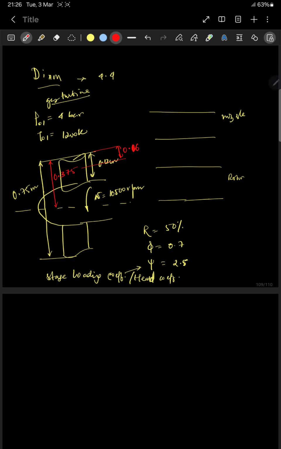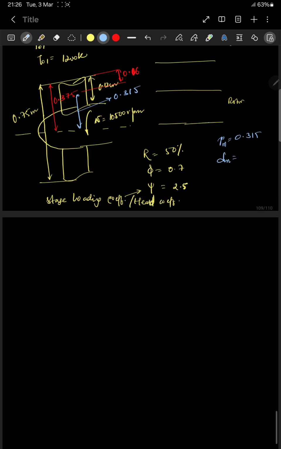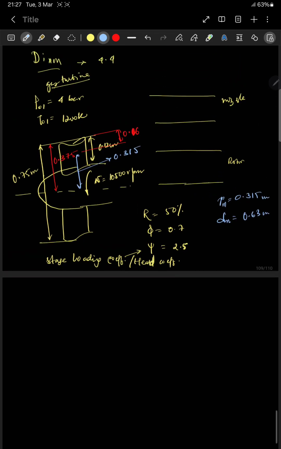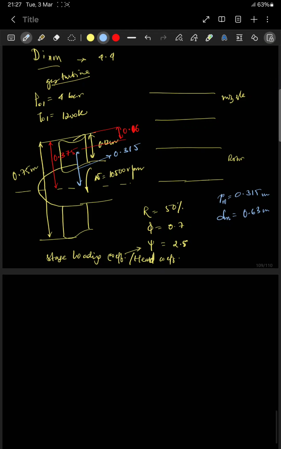So the mean radius is 0.375 minus 0.06, which is 0.315. So the mean radius is 0.315. Diameter mean is into 2, 0.63 meters, right?